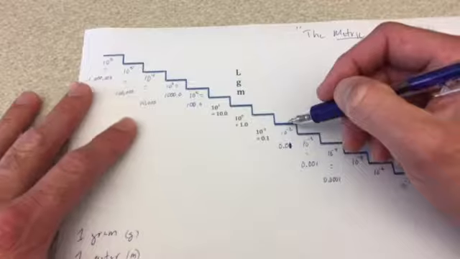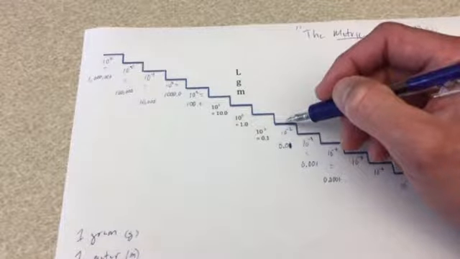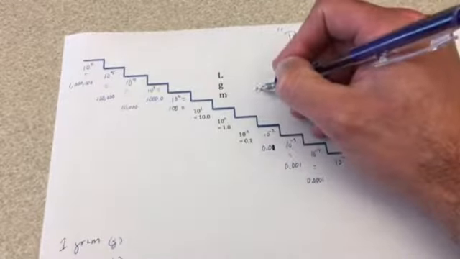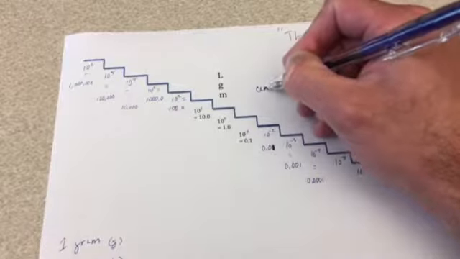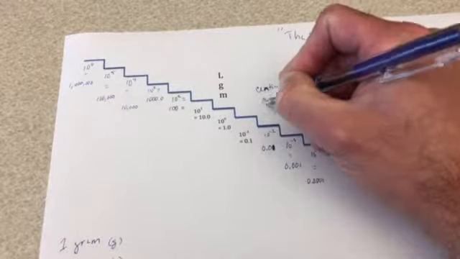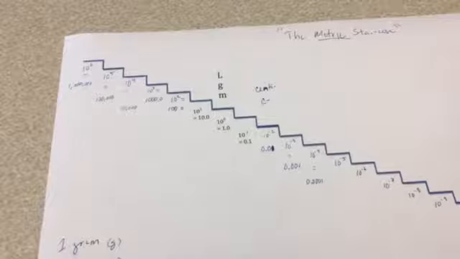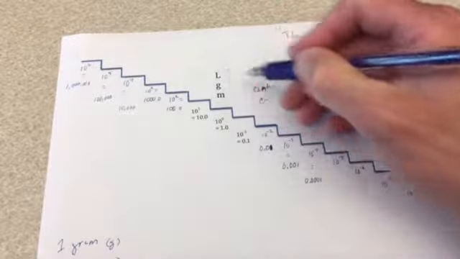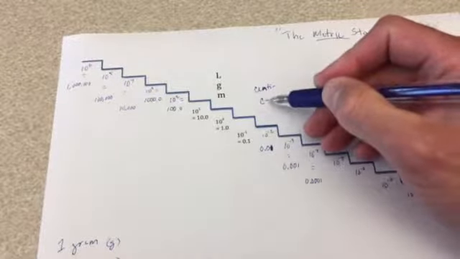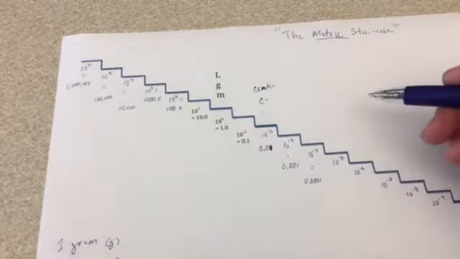If you have 100th of something in the metric system, we use the prefix centi, and the abbreviation is c dash. So you can have a centiliter of something, or a centigram of something, or a centimeter of something.